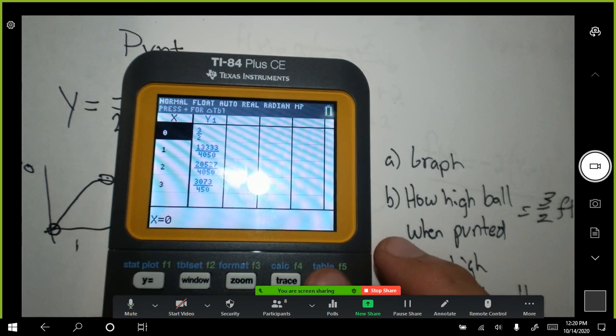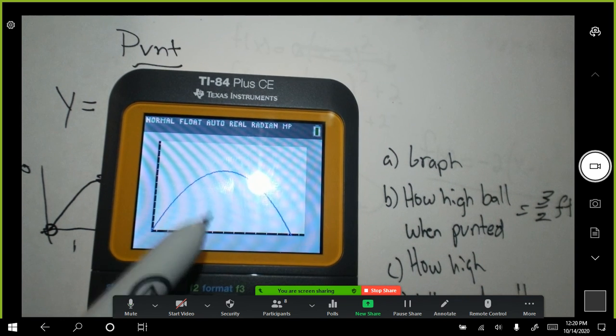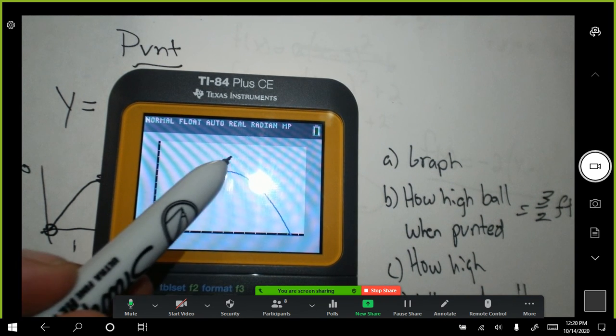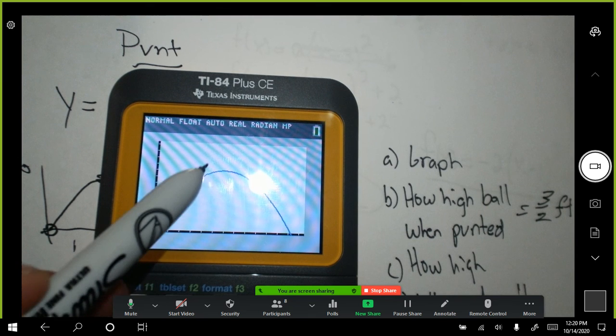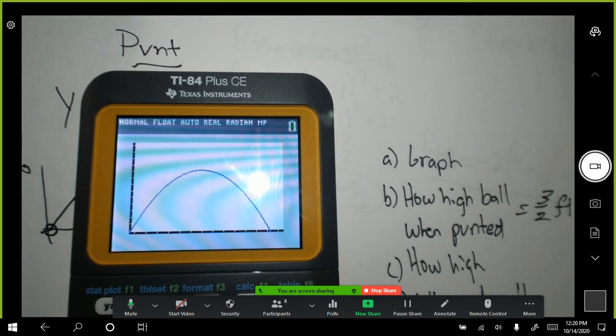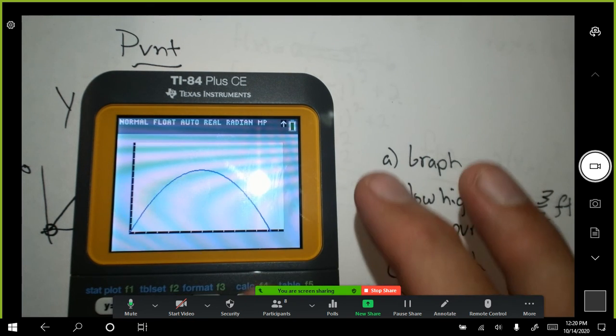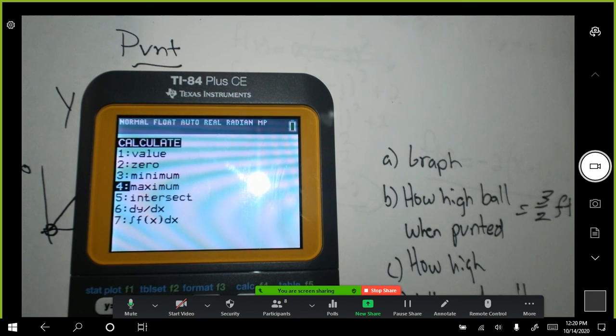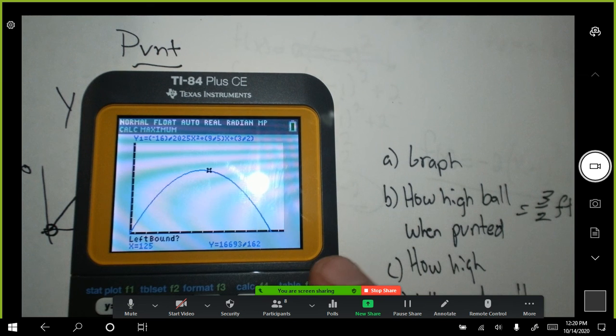Now, the next thing we want to know is how high was the football? What was the highest the football was? We need this maximum. Well, we could do it algebraically, but remember, when we hit second trace, we can find minimums and maximums. I just have to make sure I'm on the left side of the high point and the right side of the high point.